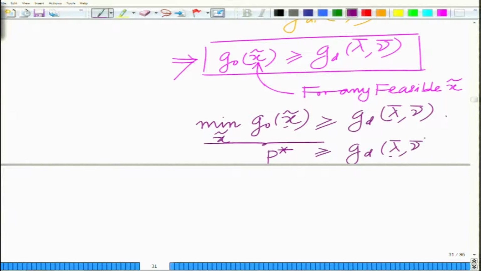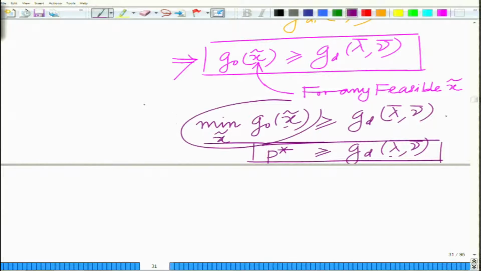This minimum is equal to P star, this is the optimal value of the original optimization problem.